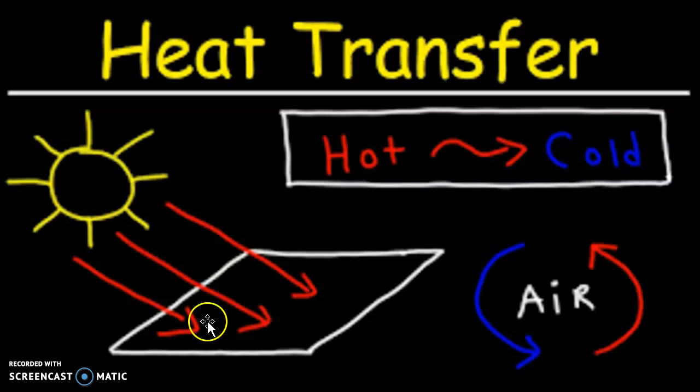By the way, this is radiation, this is conduction, and this is convection. Hot air rises, cool air sinks. Hot to cold. And from the sun, the ultimate source of heat, it travels through space and through different media until it reaches the receiver here. So this is our heat transfer.